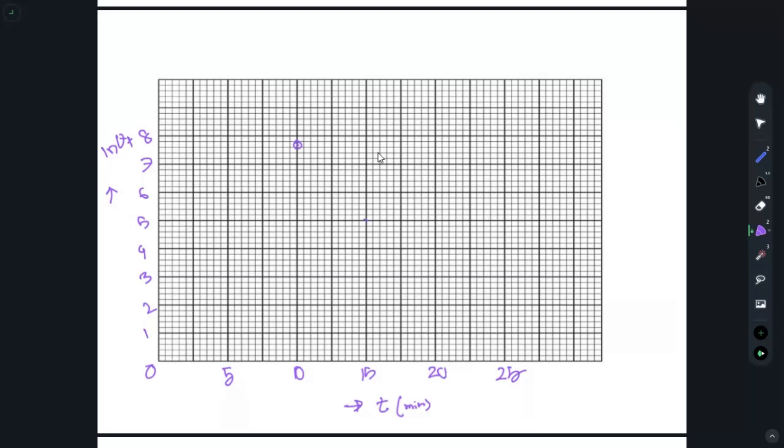So this is the point. And for 20, you get a value of 3.76. So this is 3, and 3.76 would be somewhere over here.